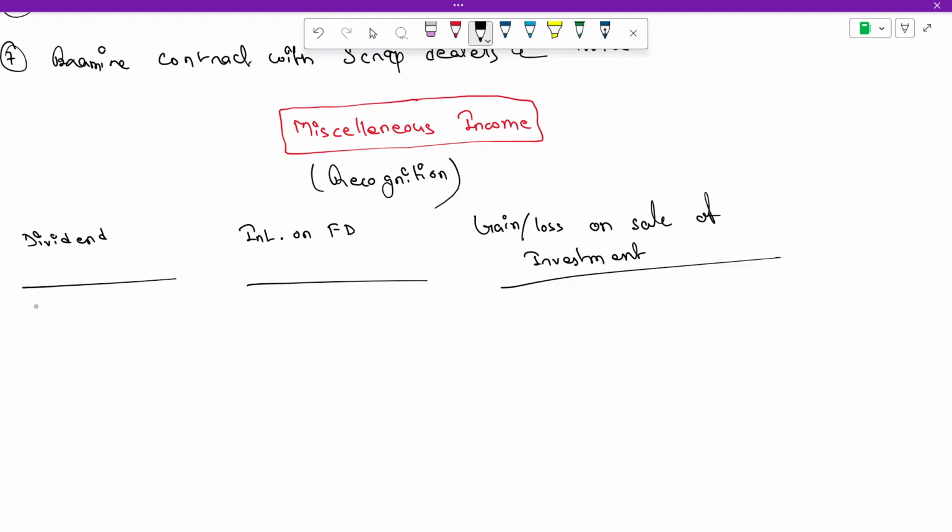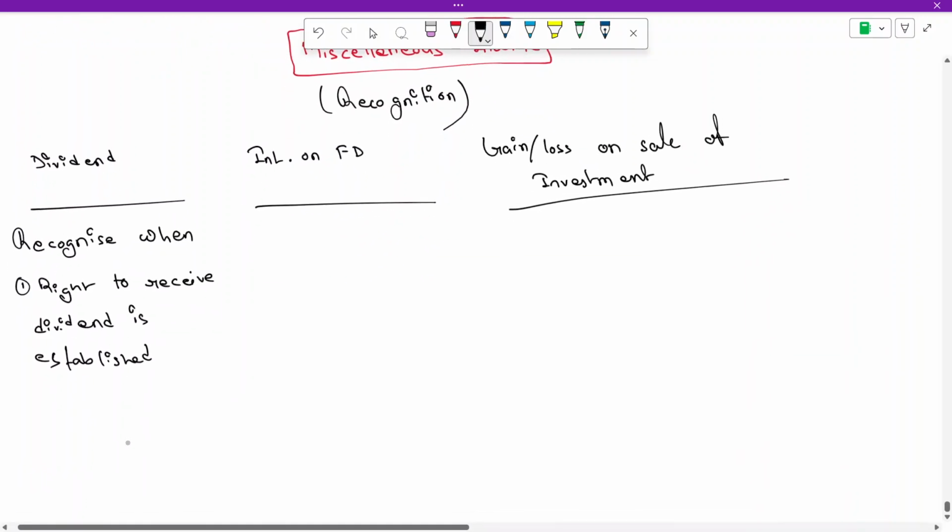First of all, dividend. Recognize when the right to receive dividend is established.